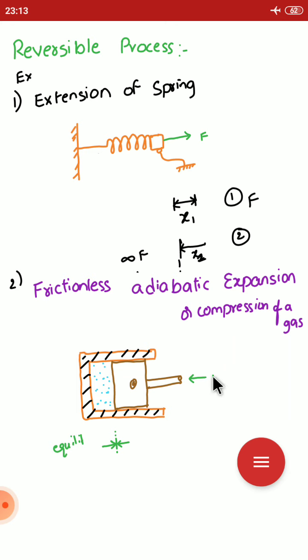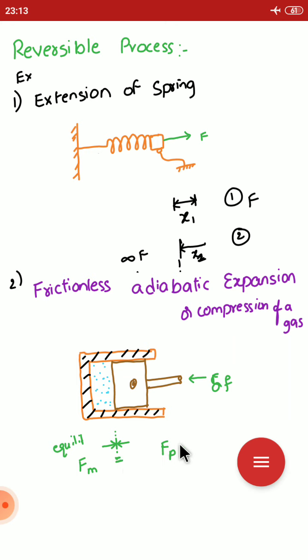When an infinitely small amount of force, we call it delta F, is applied, initially these two forces, the molecular force inside the gas and the piston force, are at equilibrium.